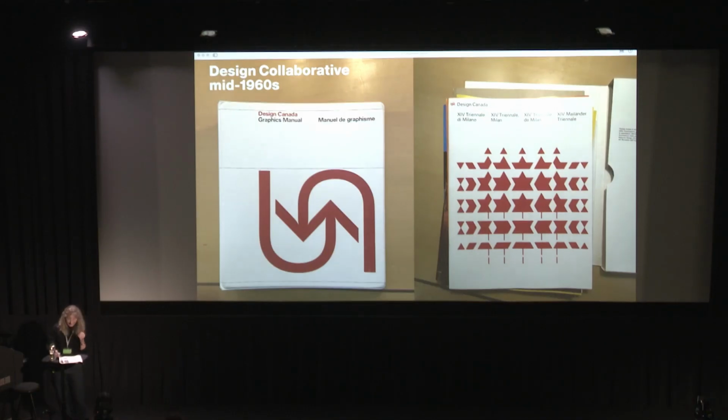Both were trained in that manner, and with a logo from Alan Fletcher. The Swiss grid proved to be a very efficient way to organize multilingual information, as shown in Canada's proposal for the Milan Biennale, which presented content not only in French and English, but also in Italian and German.